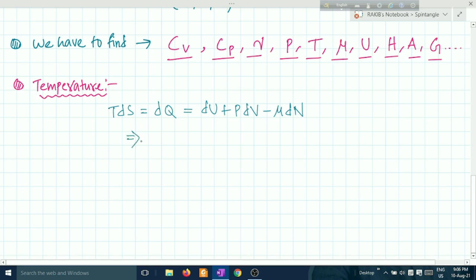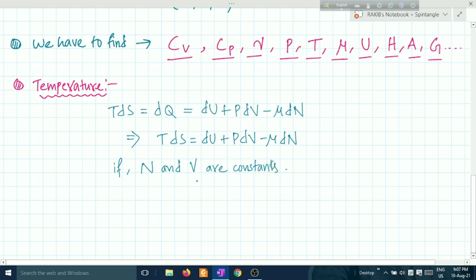I am taking only TdS equals dU plus PdV minus mu dN. If N and V, the number of particles and the volume of the system, are constants, that means dN will be 0, and also dV will be 0.